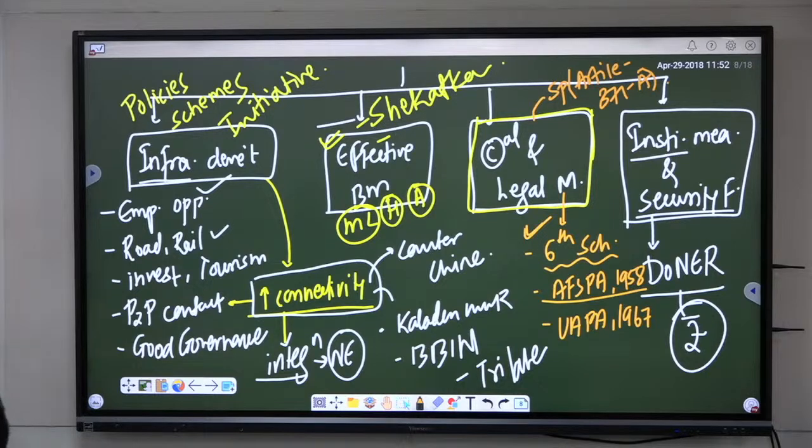Government of India's response to the insurgency.